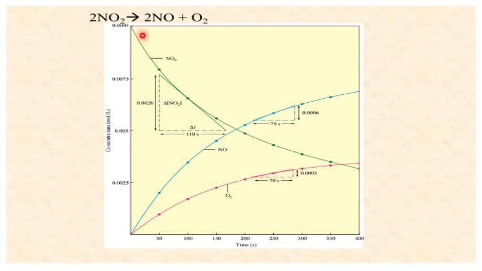The reactant NO2 is decreasing in concentration as the reaction proceeds, and the concentration of the product increases as the reaction proceeds. These two lines represent different concentrations because the stoichiometric ratio between NO and O2 is 2 to 1.